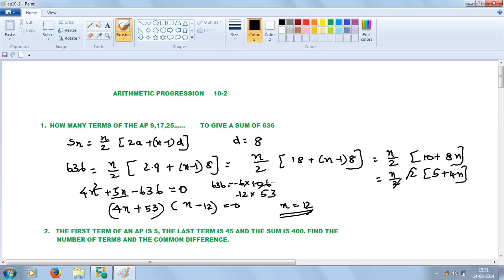So the minus sign and this 4 give the clue. 4 times 12 is 48, minus 48, 53 into n. So this gives the solution.